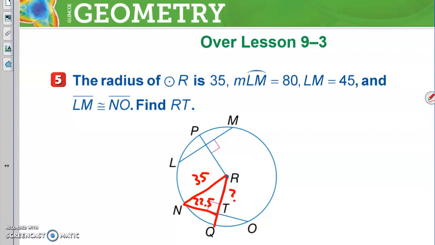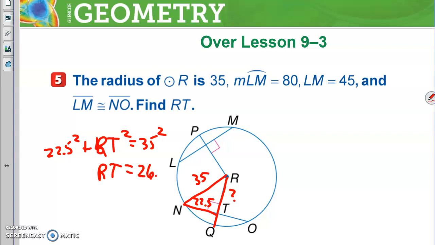So if we go to our calculator quick here, we're going to have 22.5 squared plus RT squared equals 35 squared. And work that out, I get that RT is 26.8.